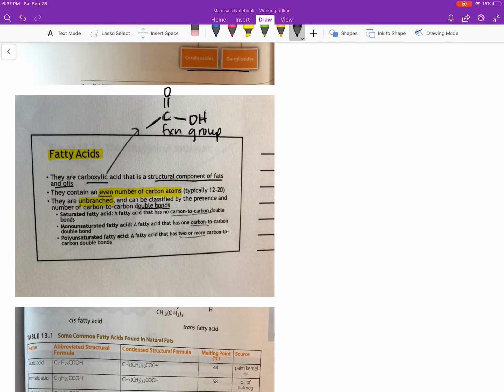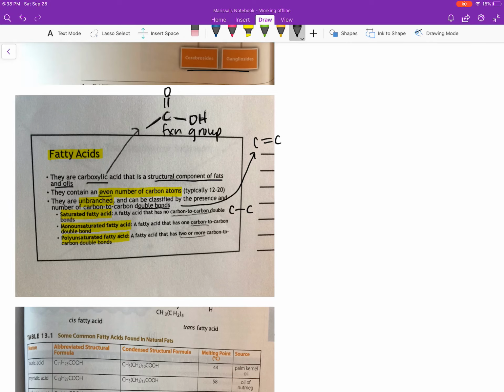Okay, so remember, carbon-carbon double bonds are these right here. So we're going to have three different types of fatty acids. The first is a saturated fatty acid. This is a fatty acid that has no carbon-carbon double bonds, only carbon-carbon single bonds.